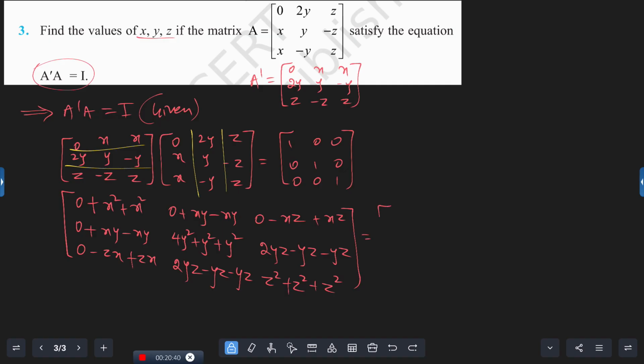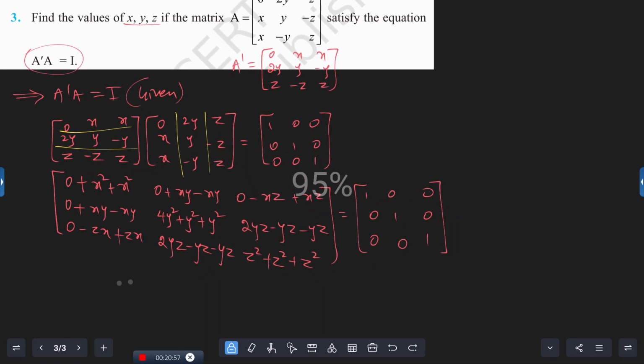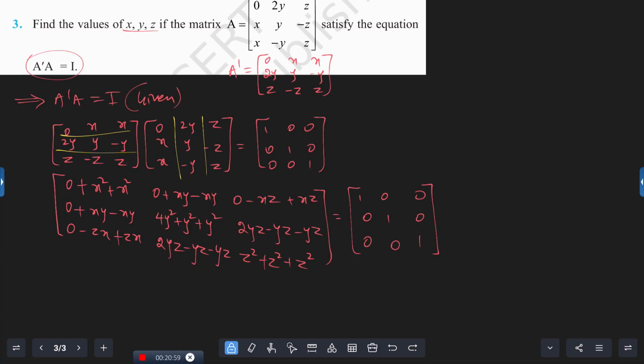So right hand side what we have is 1 0 0, 0 1 0, 0 0 1. This is given. So now we have to equate. Before that you have to simplify this. What we are getting, let's see. 0 plus x square plus x square, 2x square you will be getting.